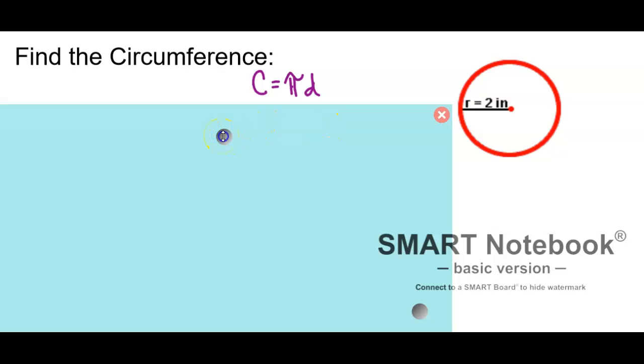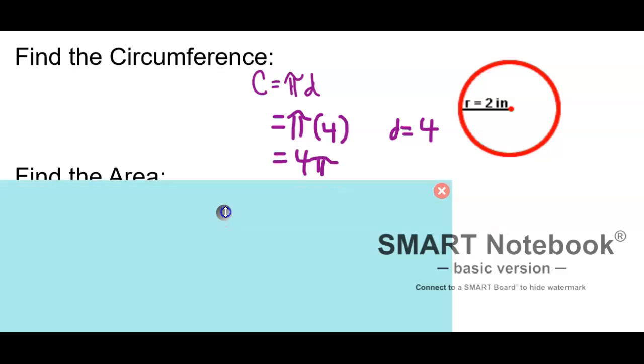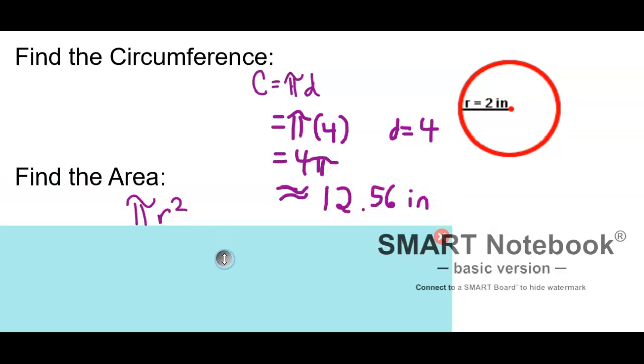I'm going to replace the D with a 4 because D is equal to 4 inches. Now using a calculator, I'm going to use my pi button, and multiply. I would get 4 pi if I didn't multiply, but if I did multiply, I would get approximately 12.56 inches.